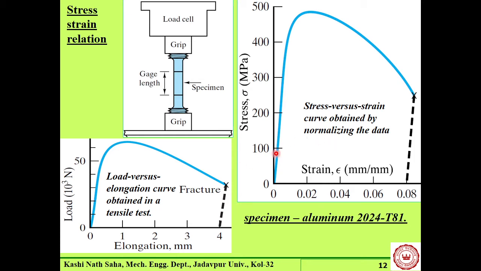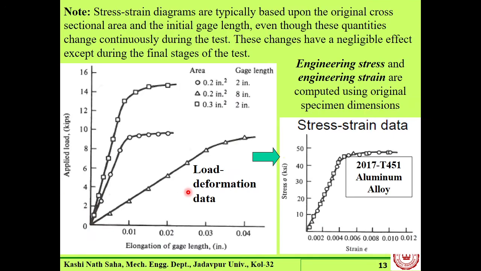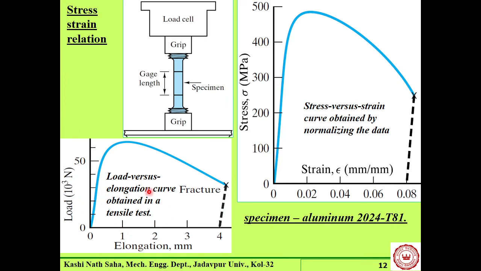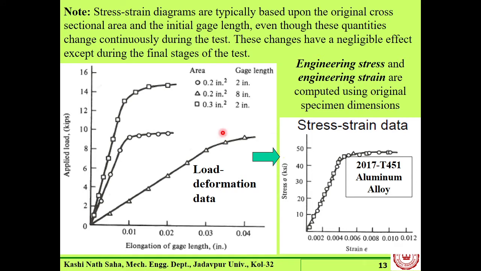Why? That is also quite clear. Say there are load displacement diagrams or load extension diagrams. This is not a unique property of a material, because if we change, say, the gauge length, here you see the first one has 2 inch gauge length, this has 8 inch. Or we can change the diameter.